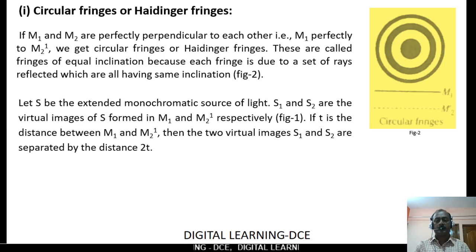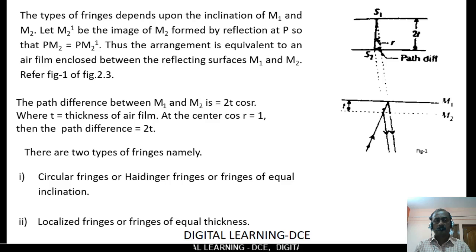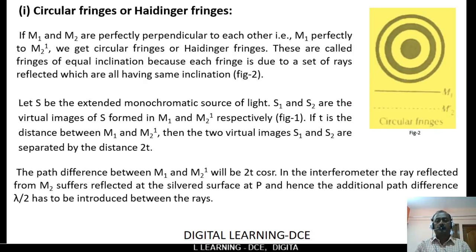Let S be the extended monochromatic source of light. S1 and S2 are the virtual images of S formed in M1 and M2 dash respectively. For this, refer to the previous slide. Therefore, if t is the distance between M1 and M2 dash, then the two virtual images S1 and S2 are separated by the distance 2t.